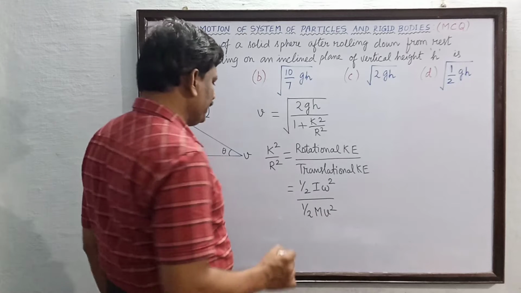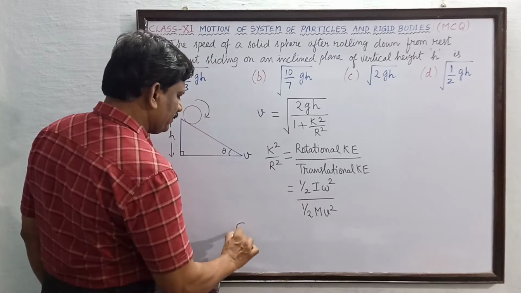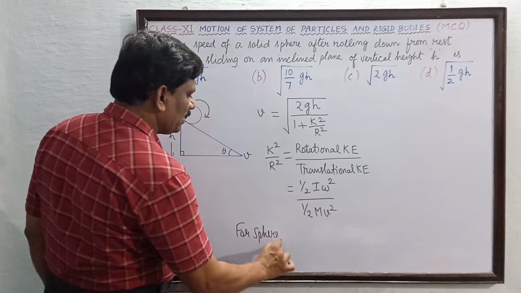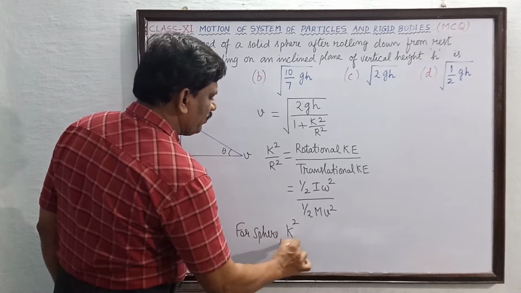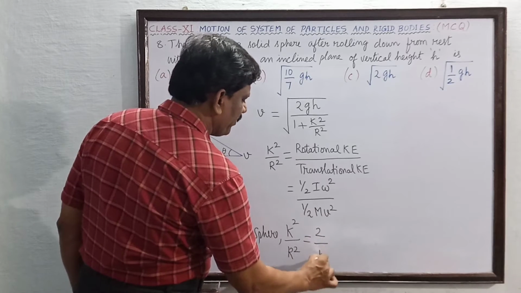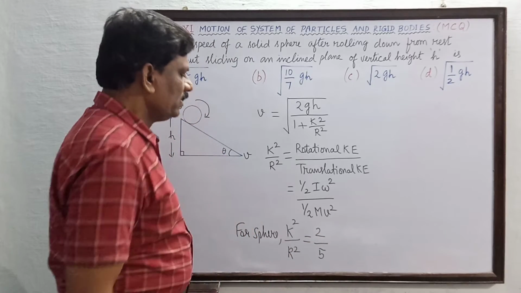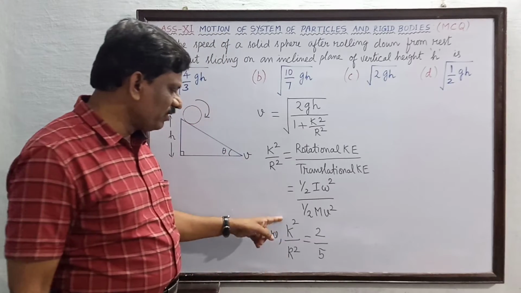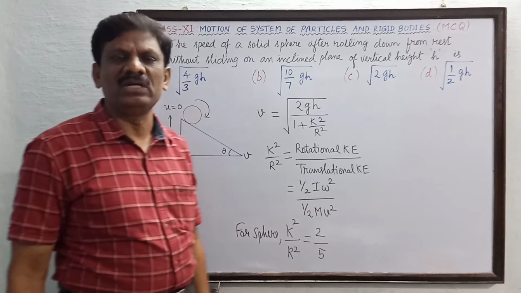Now for a sphere, the k square by r square ratio is equal to 2 by 5. This is very important information. If you are asked the ratio of k square by r square for a sphere, it is 2 by 5.